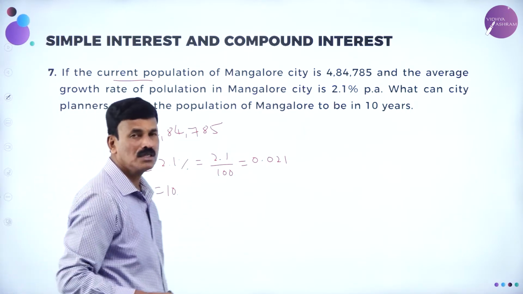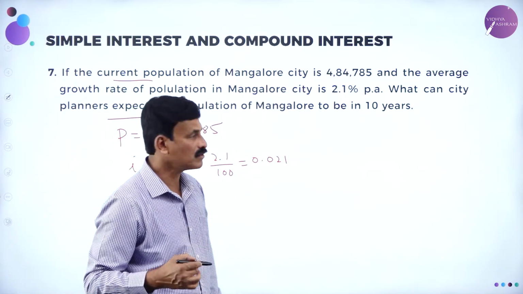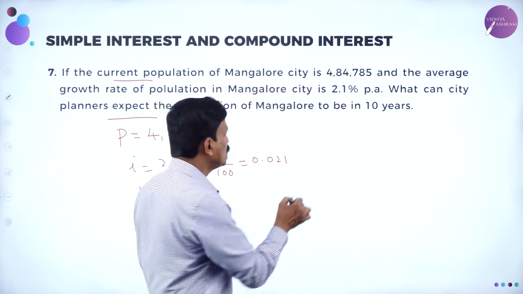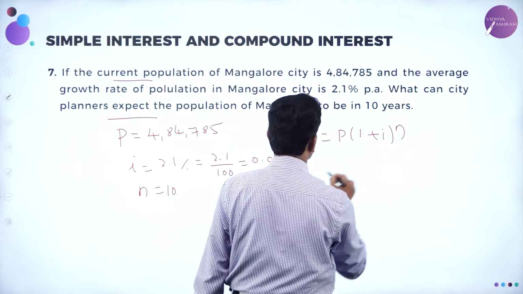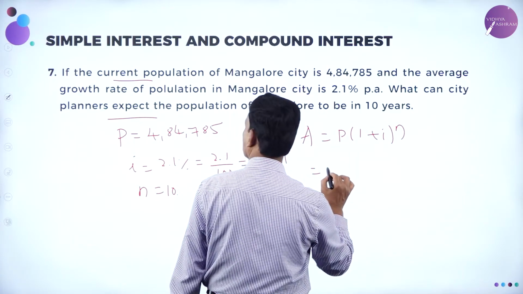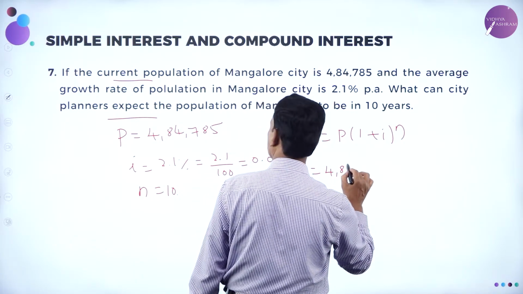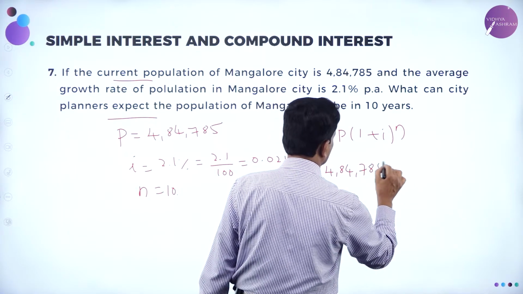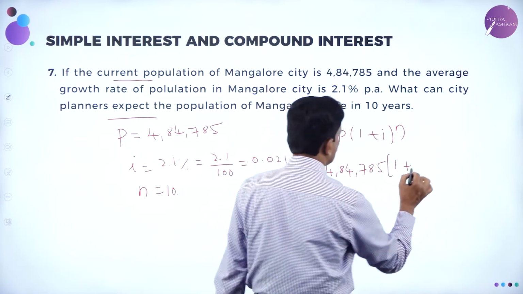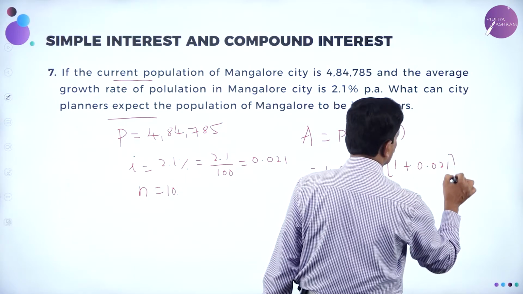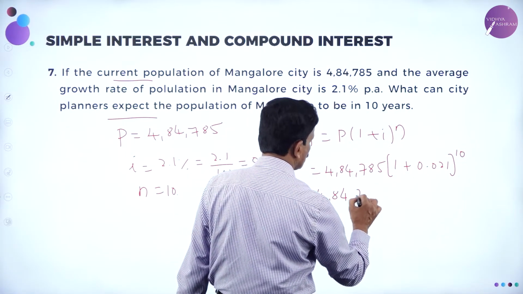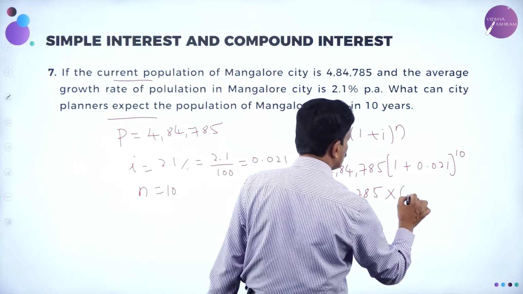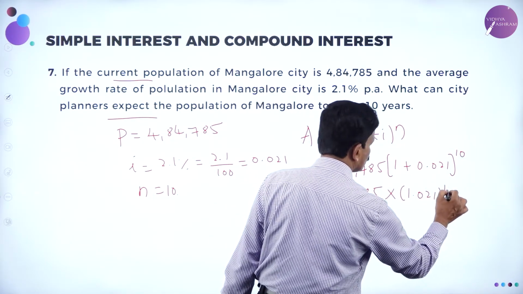This is one of the problems on applications of compound interest. Now, what is the formula here? The formula: A is equal to P into (1 plus I) to the power of n. So, P is 4,84,785 into (1 plus I), where I is equal to 0.021, to the power of 10. So this is 4,84,785 into 1.021 to the power of 10.